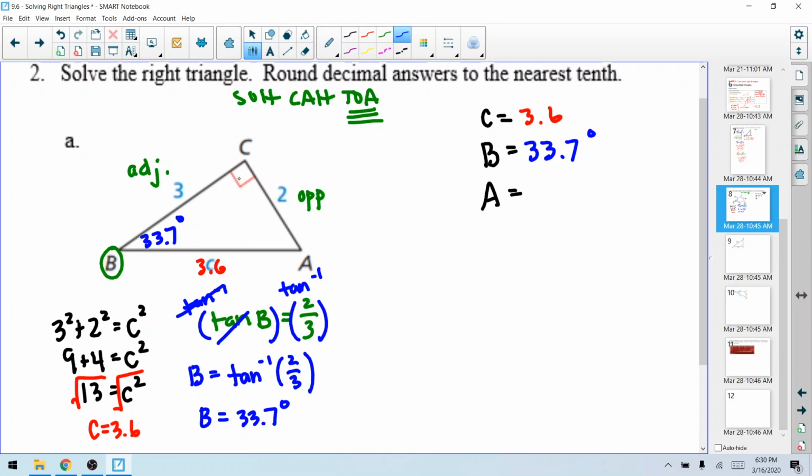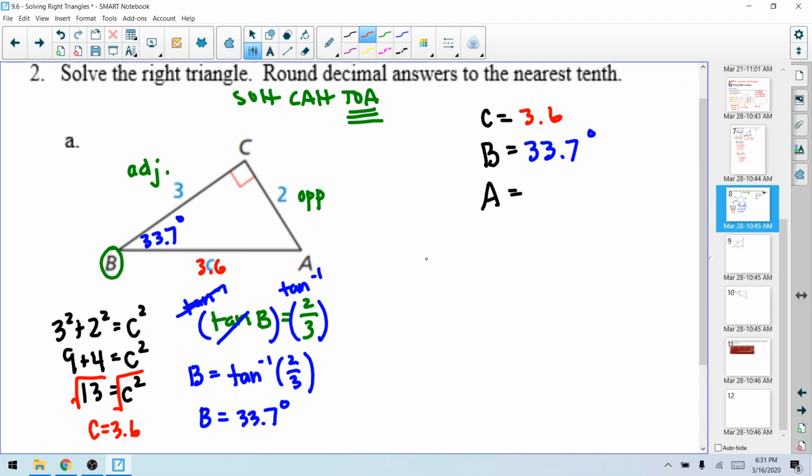I know angle C is 90. I know angle B is 33.7. Angle A. So you know that little conversation we just had where I said don't use a rounded number to find a last number? It doesn't really apply with angles. And the reason is that angles always, no matter what, have to add up to 180 degrees. So whether I use another trig ratio or whether I just add them up to 180 degrees, it doesn't matter if one's rounded and one's not.